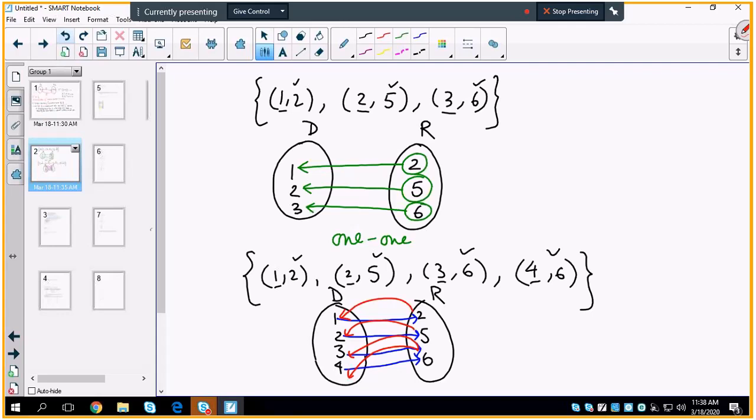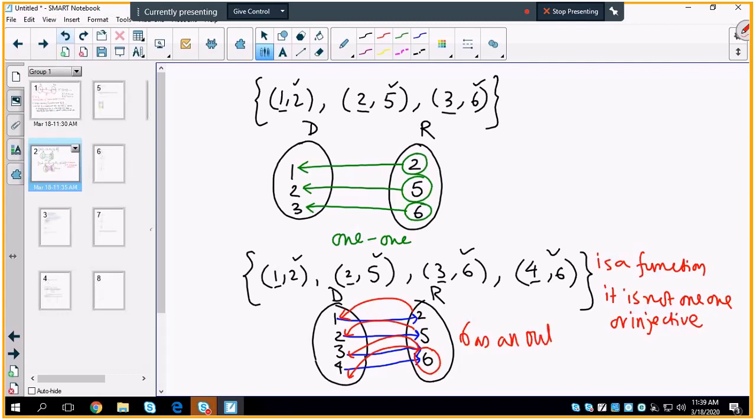So even though this relationship is a function, it is not 1-1 or injective. Why is it not 1-1 or injective? Because I can think of one output, 6, that has more than one input.